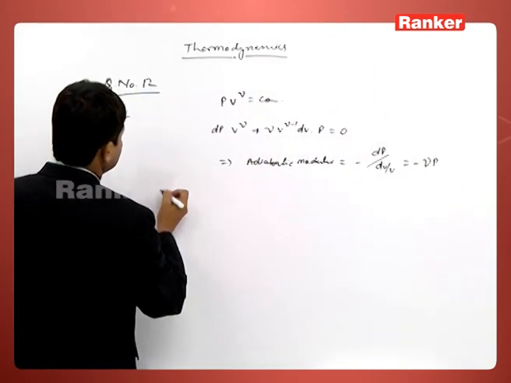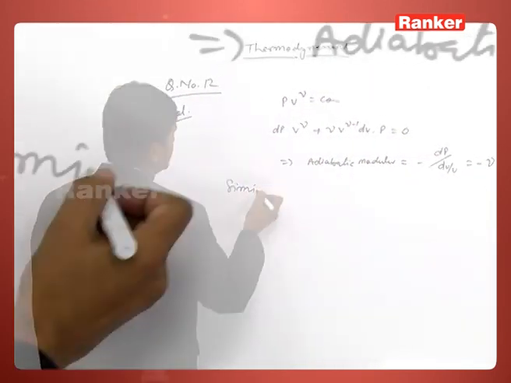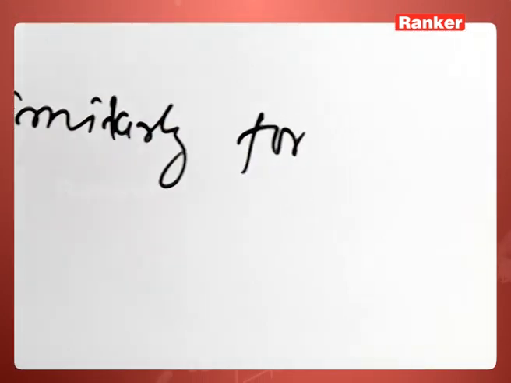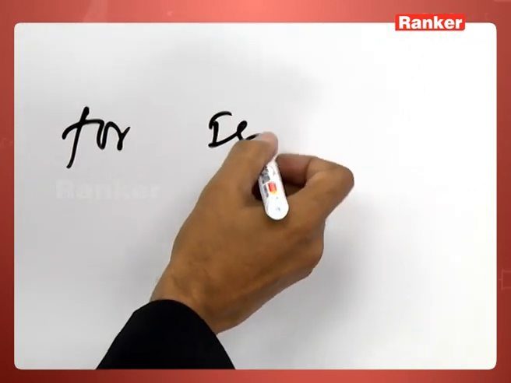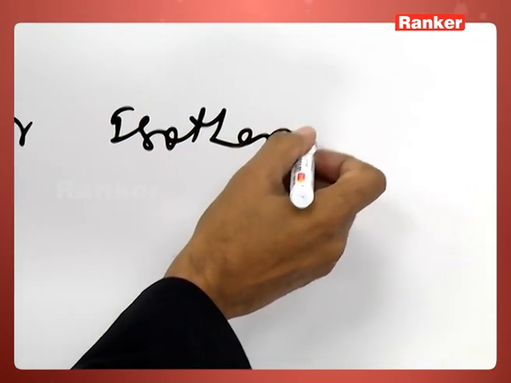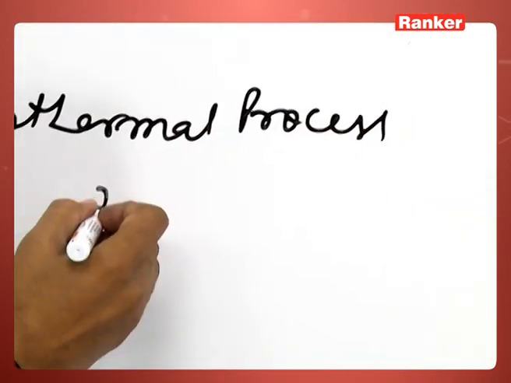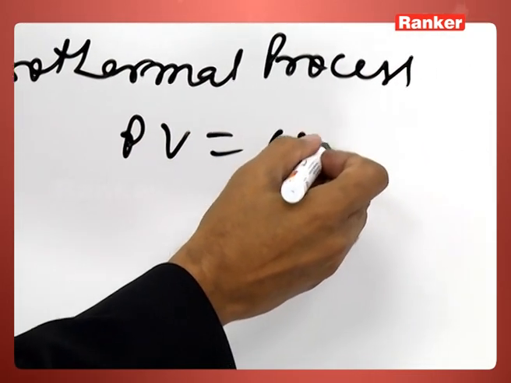Similarly, for the isothermal process, PV is constant.